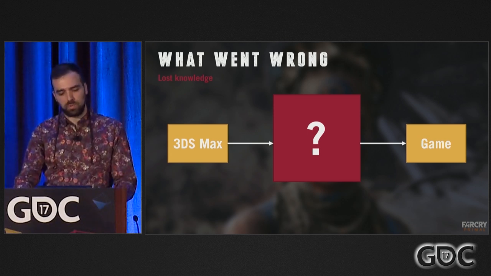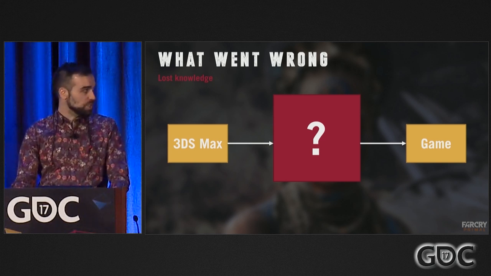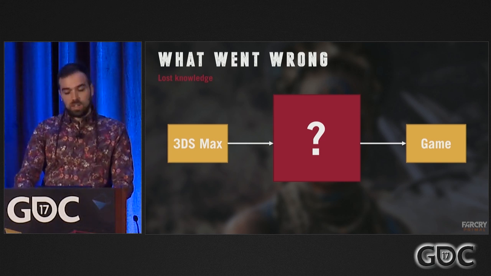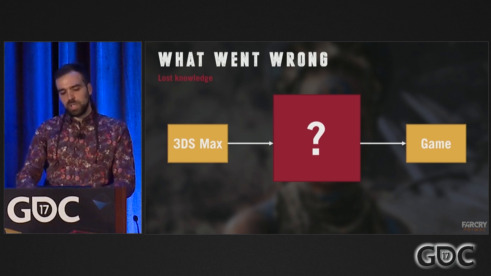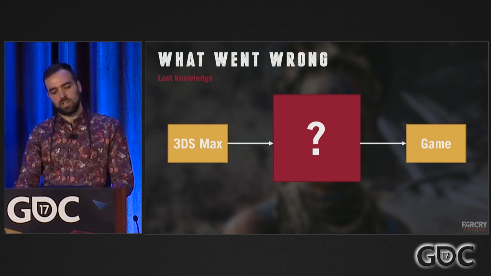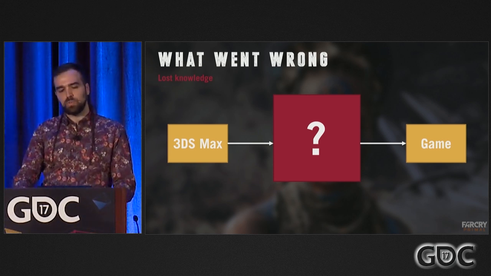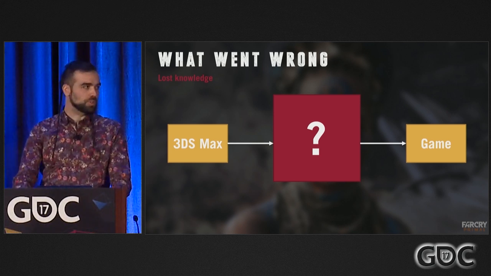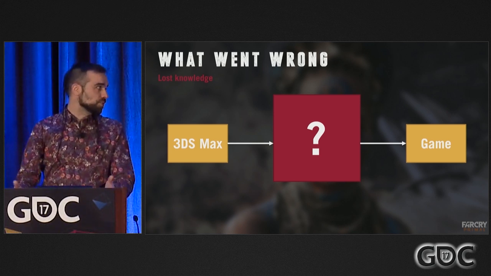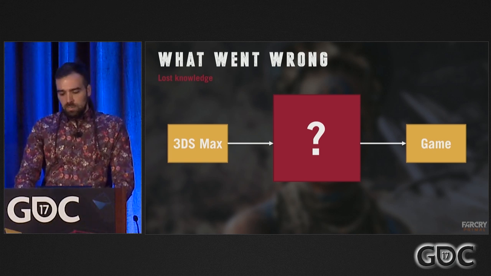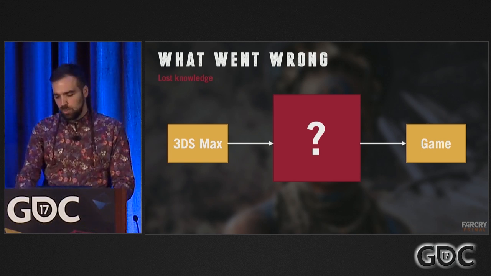So we have lost knowledge. For instance, the 3ds Max pipeline was a big mystery box. So it creates a lot of fear in your discussion when you're like, okay, we think we want to change the pipeline, but we don't know how it works, so we cannot evaluate it. So in the end, yeah, we had to jump in the dark.